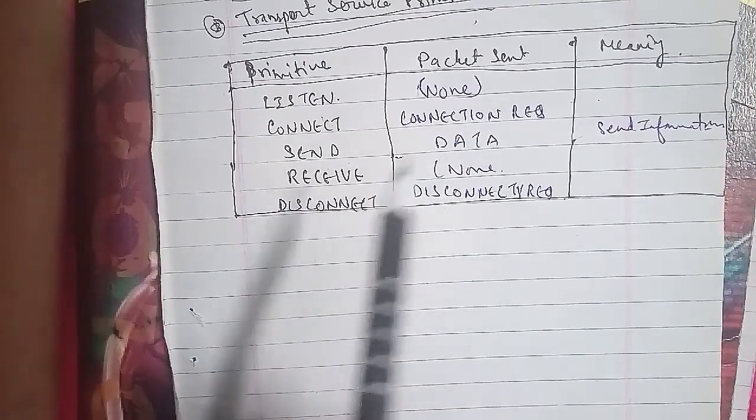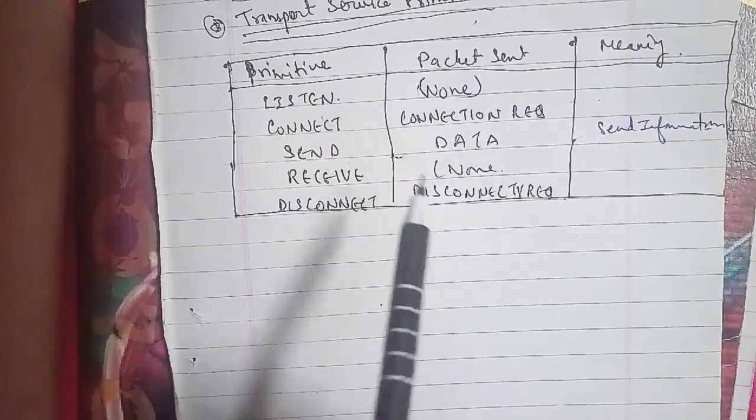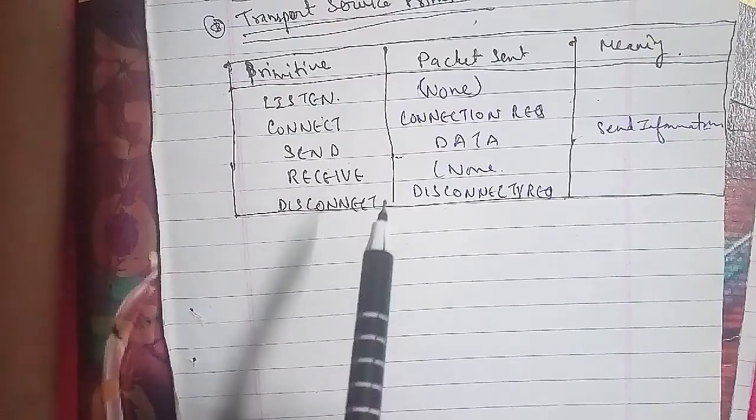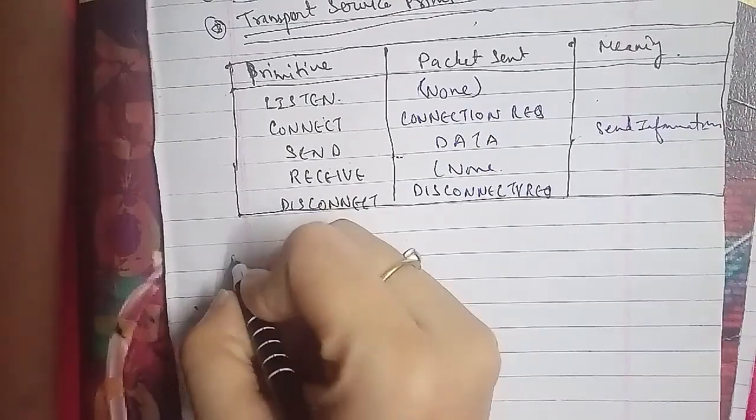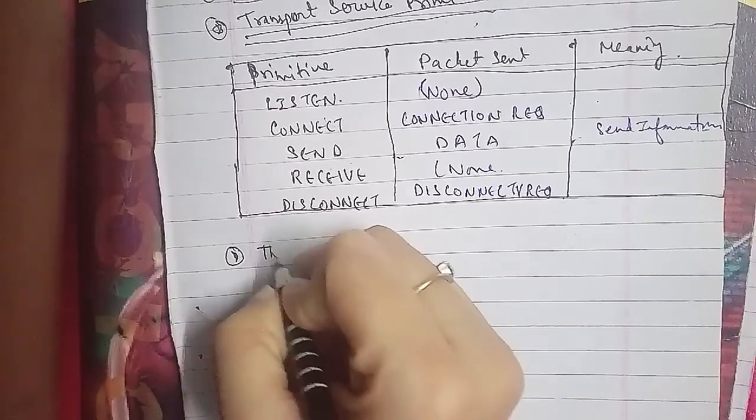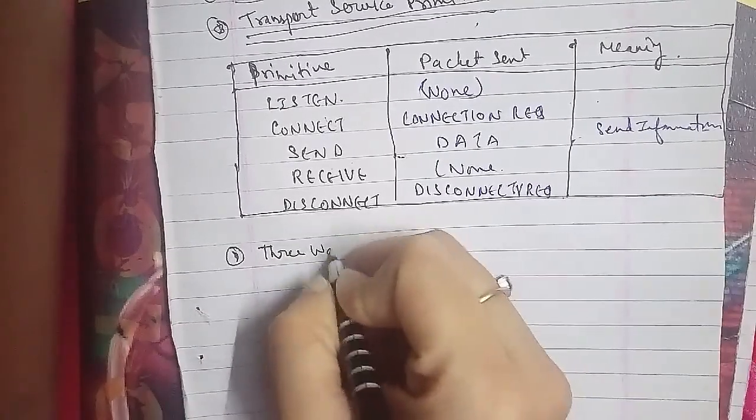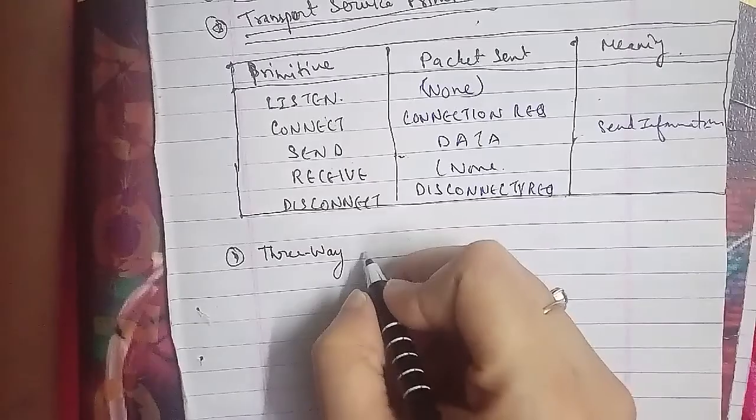Then it sends SYN with sequence number equal to Y, and acknowledgement X plus 1.